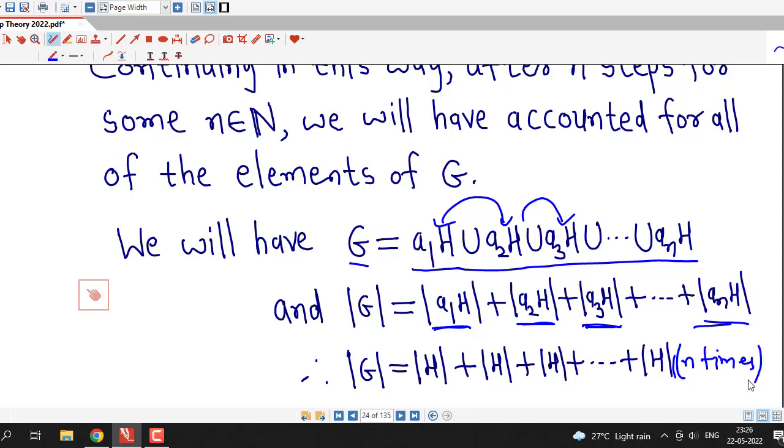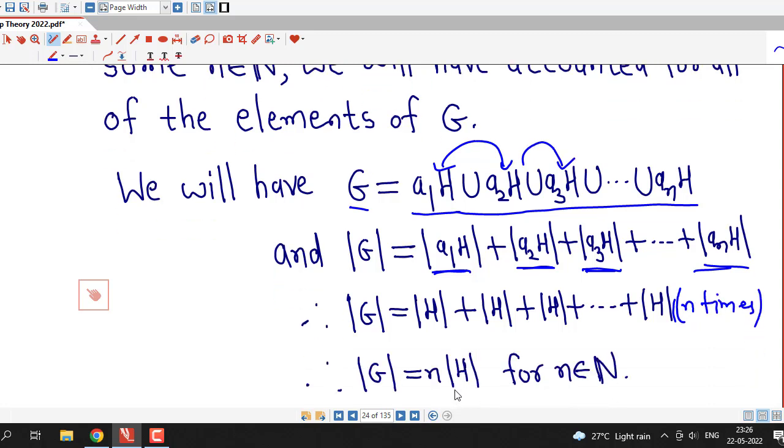Therefore the order of G is equal to n times the order of H, and therefore we can say that the order of H divides the order of G.